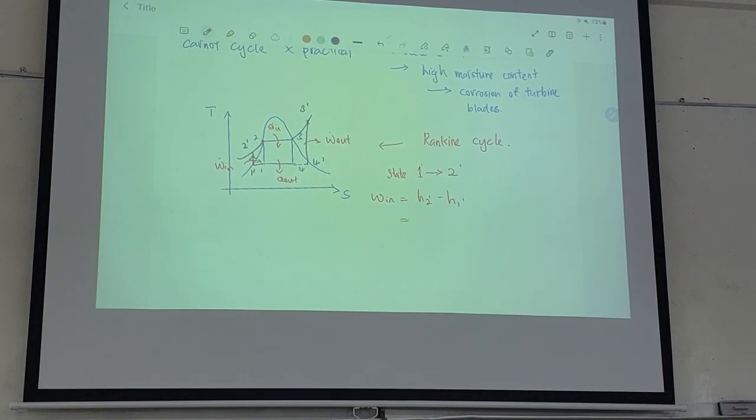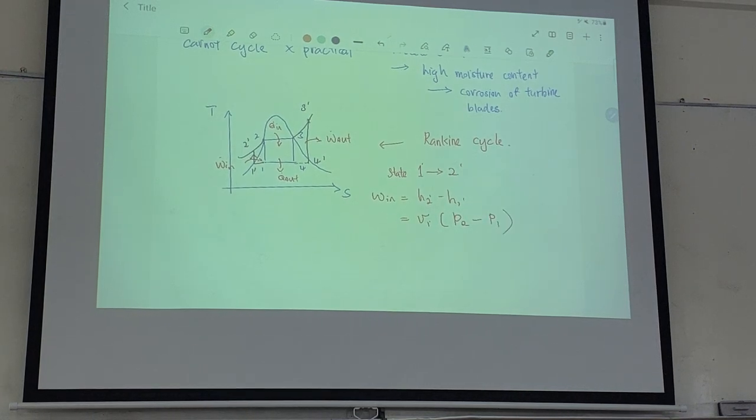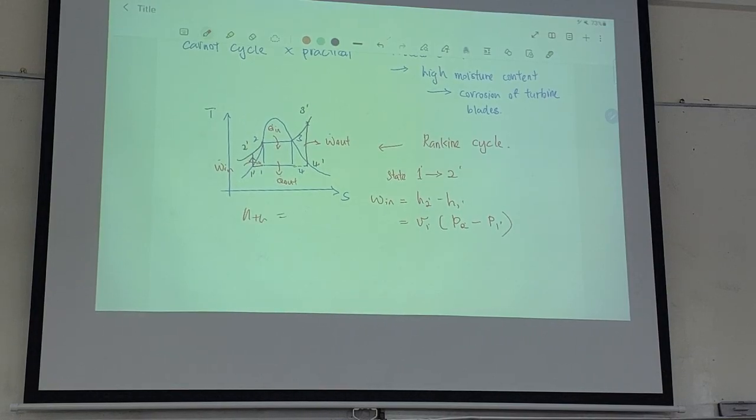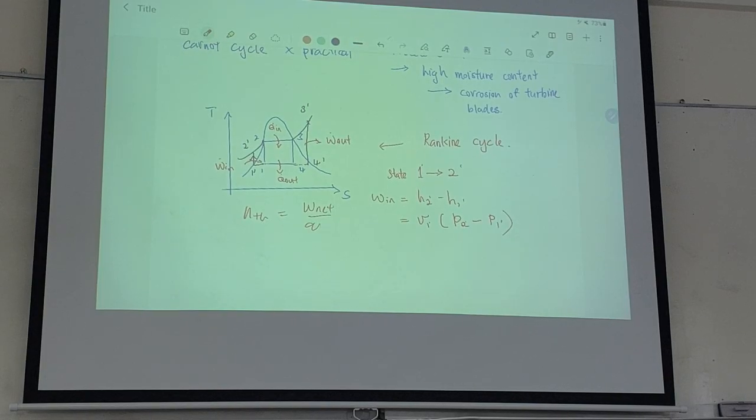But we also know that we can assume v as a constant at v1 and P2 minus P1. So this is another thing that you need to bear in mind. The rest are all H. So they all revolve around finding what is H. And then you have your thermal efficiency, which is W net over Q in, or 1 minus Q out over Q in.